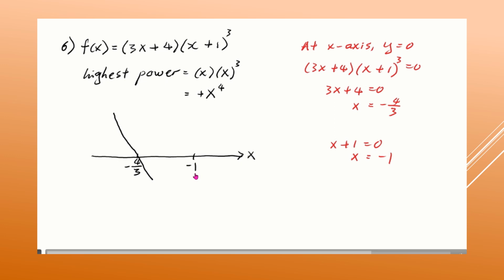Then when we come to the second point, -1, since the power is 3, this point is an inflection point. So we continue sketching from here. Since it is an inflection point at -1, we continue sketching, then go up. So finally we get the shape of this polynomial function.